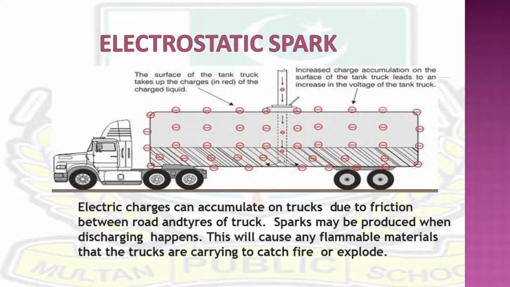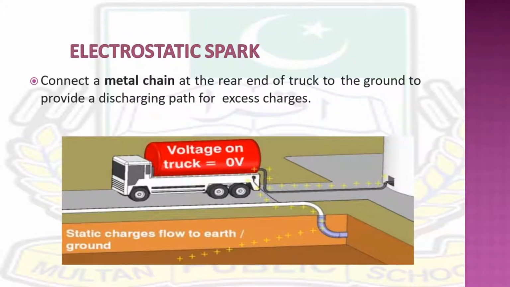Sparks may be produced when discharging happens, and this will cause any flammable materials that the trucks are carrying to catch fire or explode. So we have to connect a metal chain at the rear end of the truck to the ground to provide a discharging path for excess charges. You can see in the picture that the static charges flow to earth, that means they are grounded.